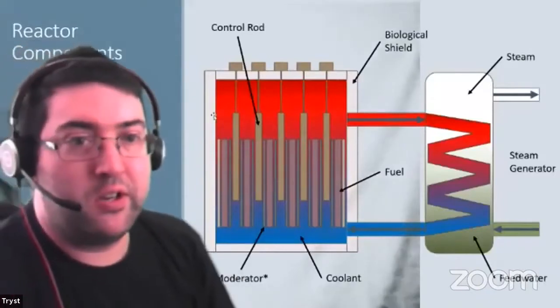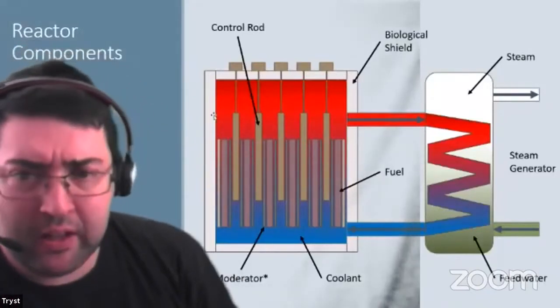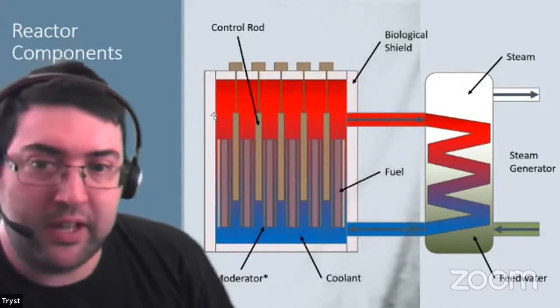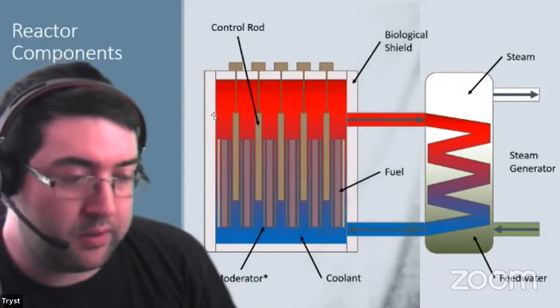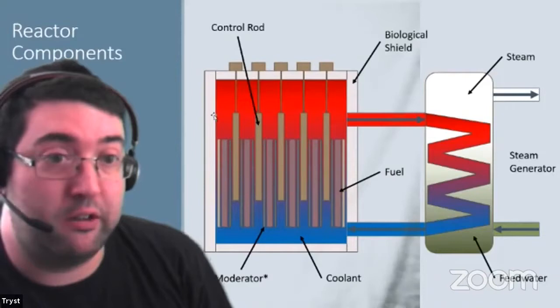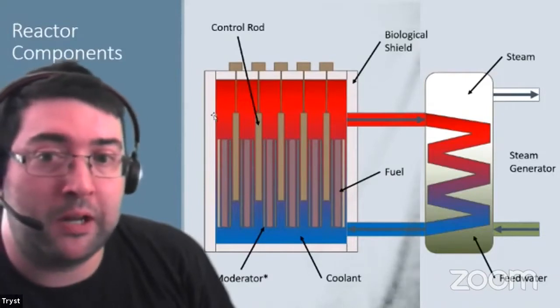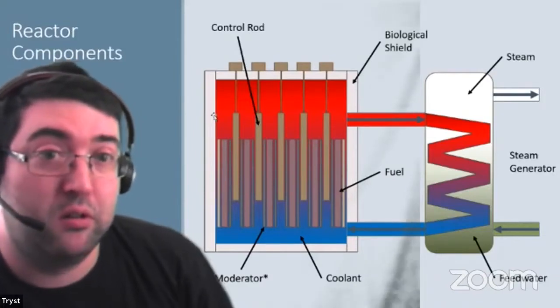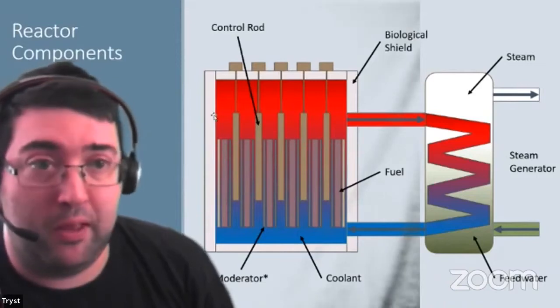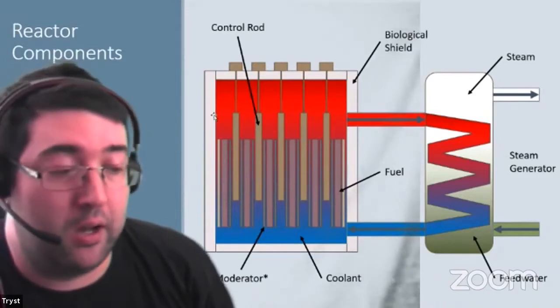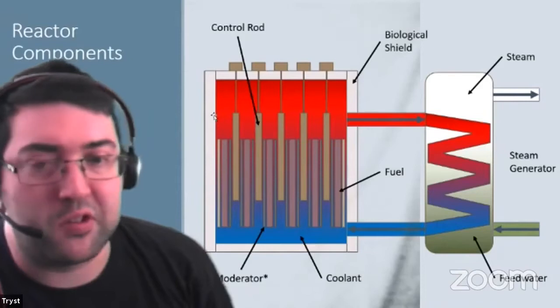So the basics of a reactor: they consist of some form of nuclear fuel, which will contain uranium, typically as an oxide or a ceramic, or it might be metal uranium for very high power density reactors.